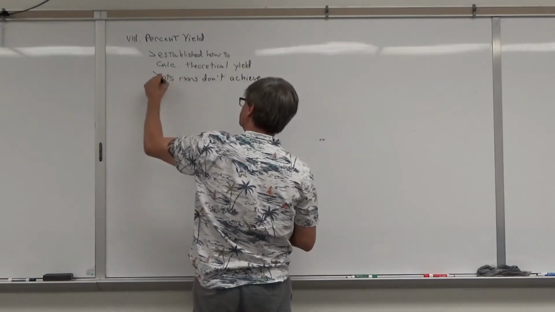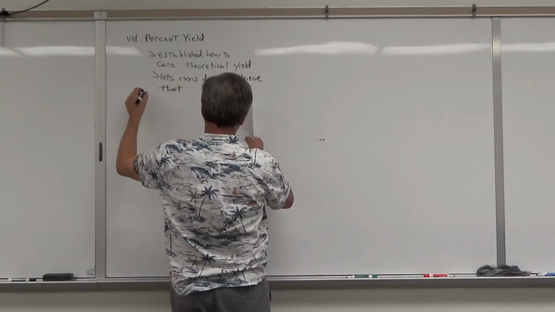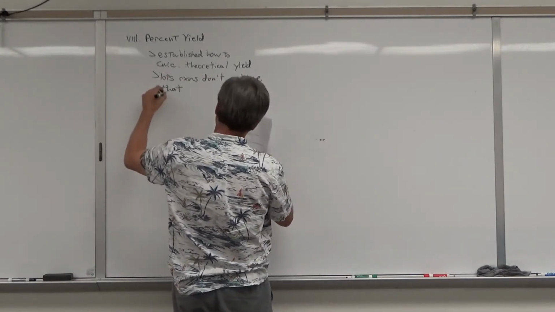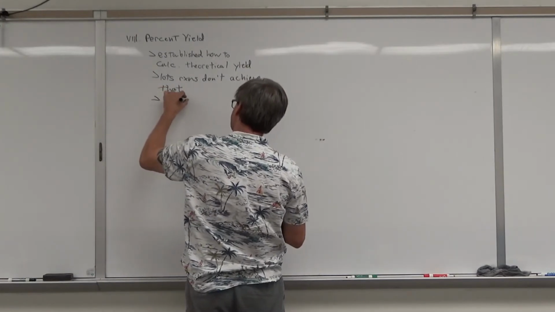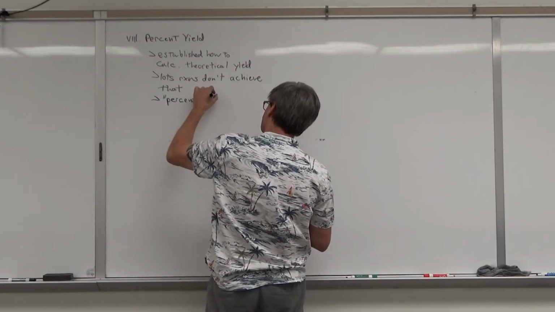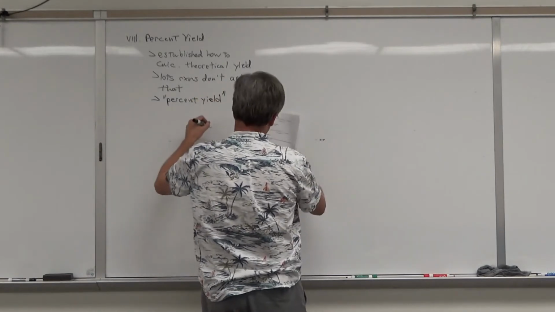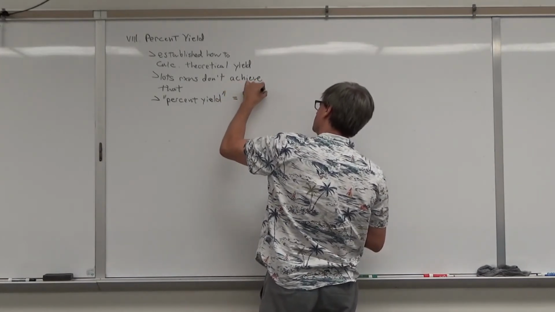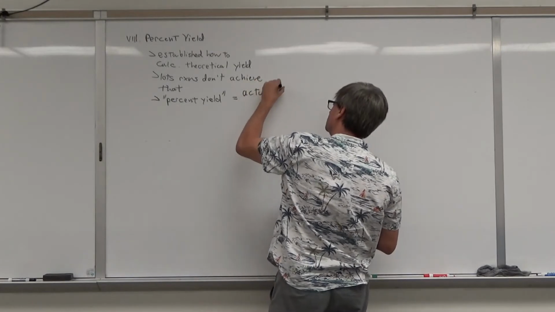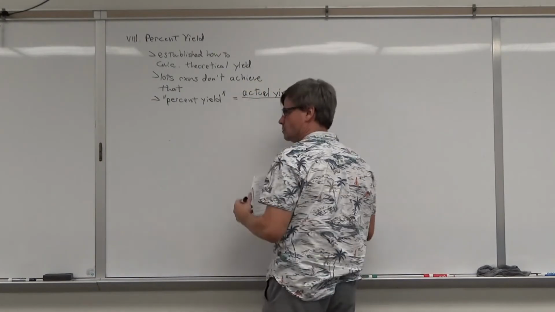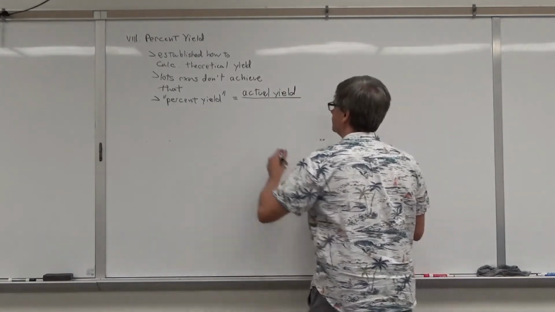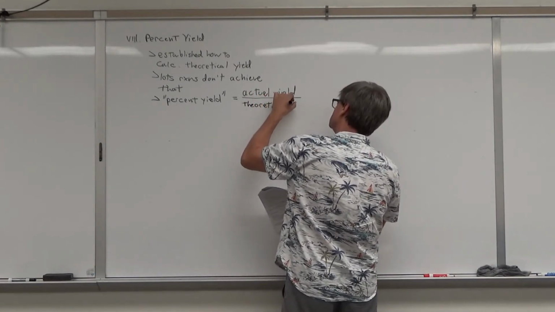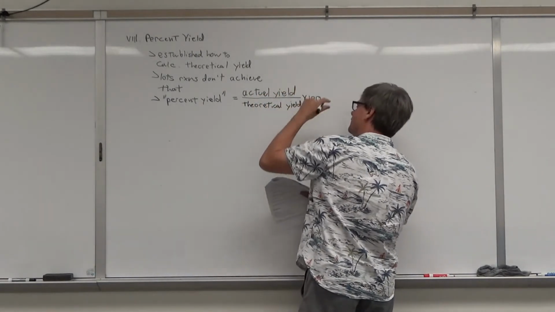Percent yield is the actual yield, the mass of product that you isolate at the end, over theoretical, times 100, and that's it.